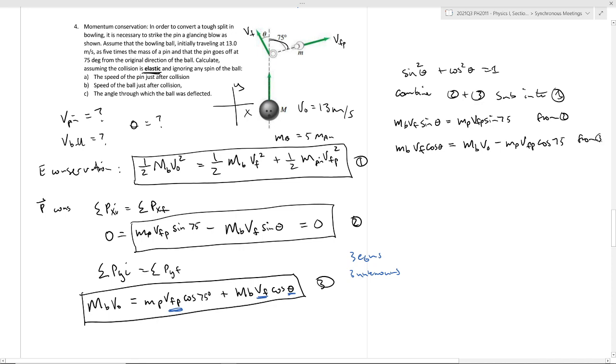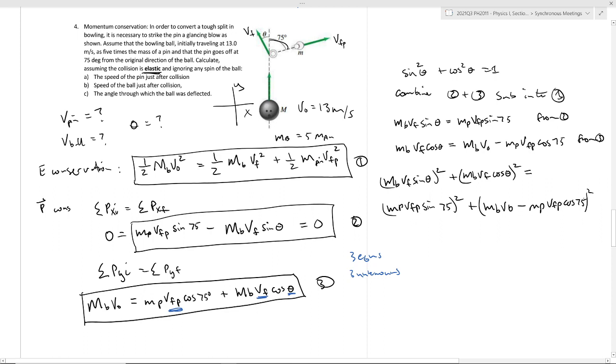Then let's square both of those. So mb v final sine theta squared plus mb vf cosine theta squared, combining 2 and 3, is going to equal mp vfp sine 75 squared plus mb v naught minus mp vfp cosine 75, quantity squared.